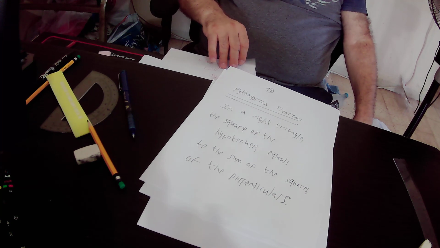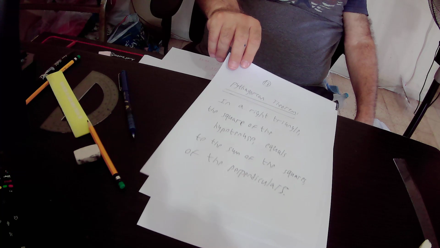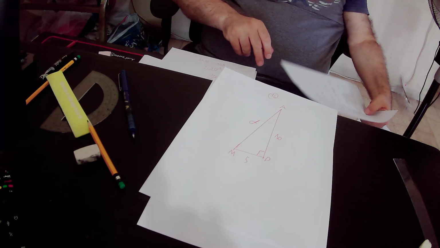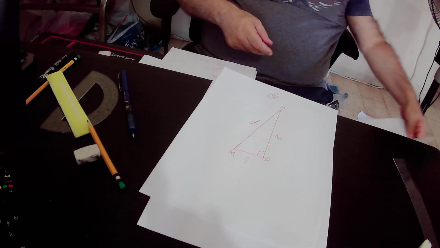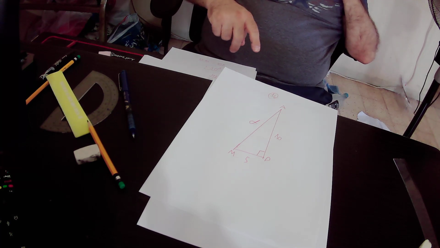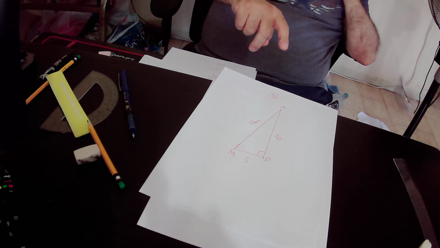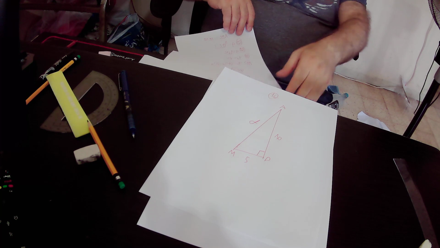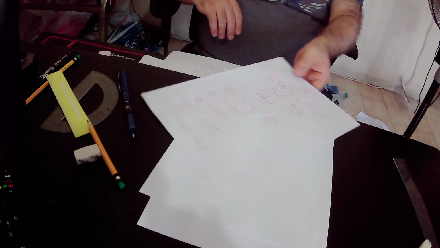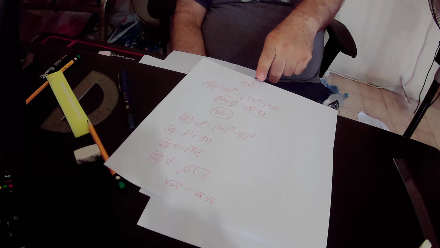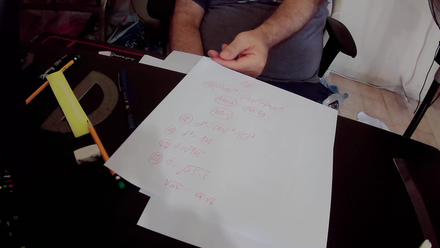Okay, so we can implement the Pythagorean theorem in our right triangle. The square of the hypotenuse is AM square. It equals the sum of the squares of the perpendiculars. AM square equals AD square plus MD square.